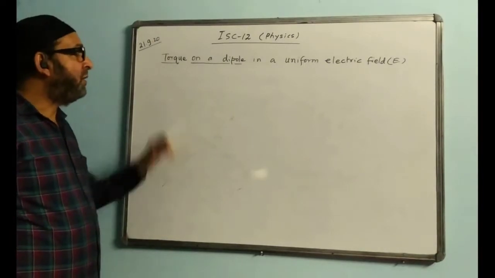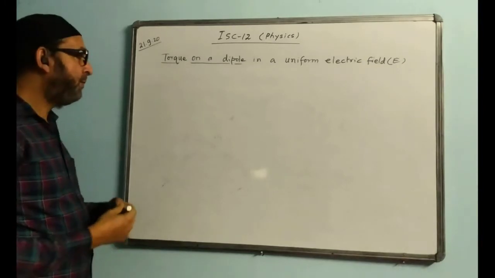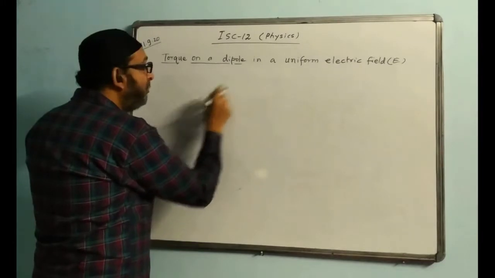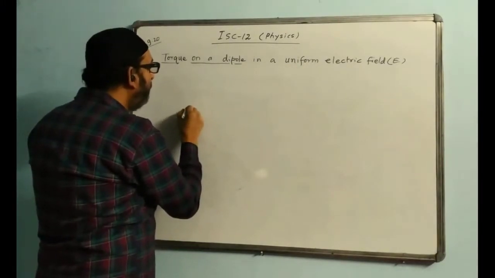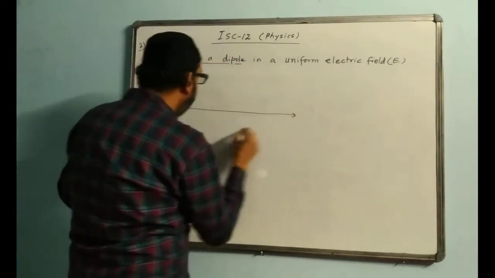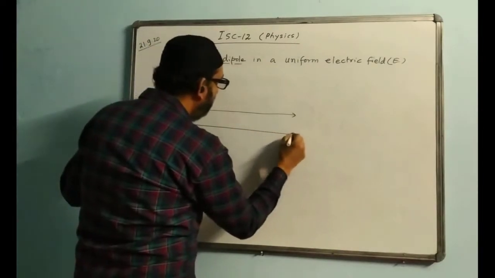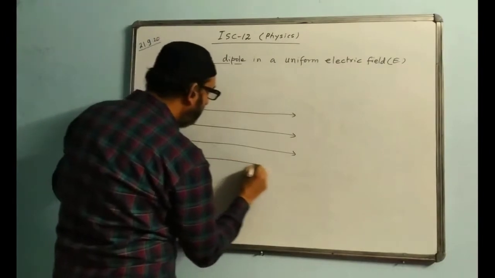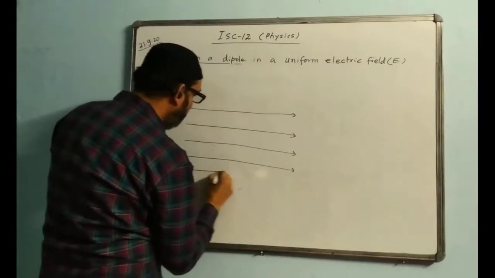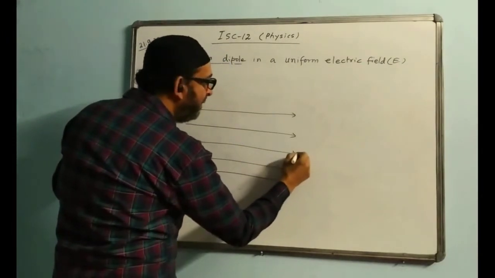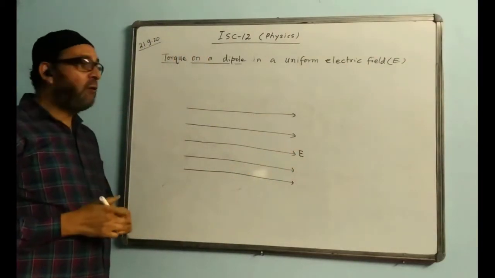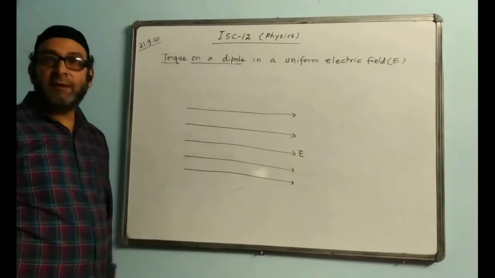For this, we will be drawing a diagram. First, we will draw a uniform field. I think you will just draw it out like this. Few lines. The value of the electric field is taken as E. The value of E is the same everywhere.